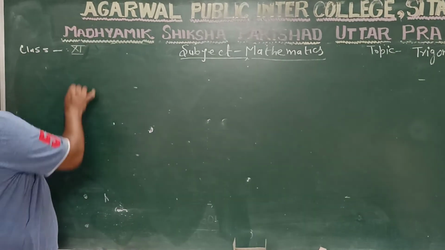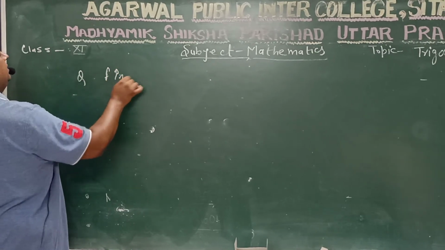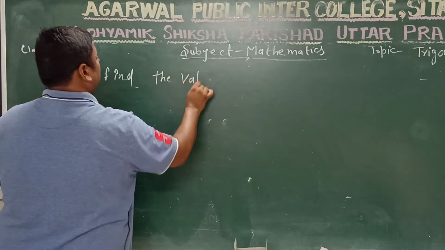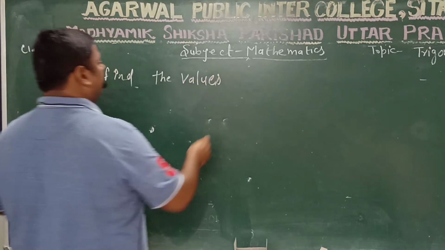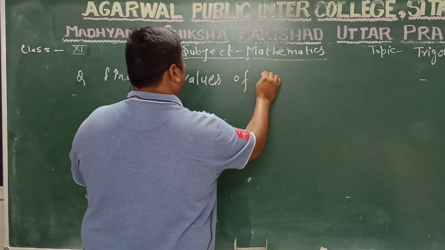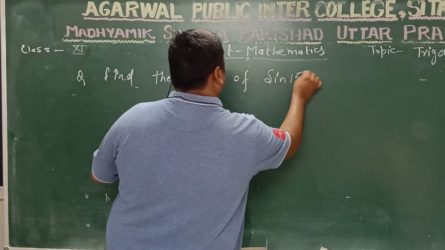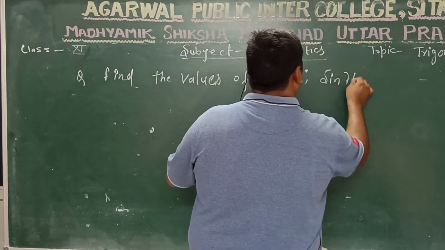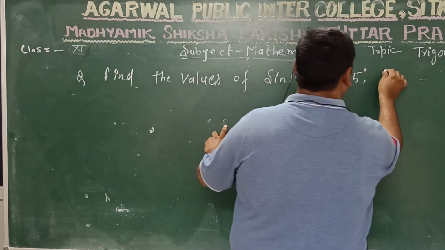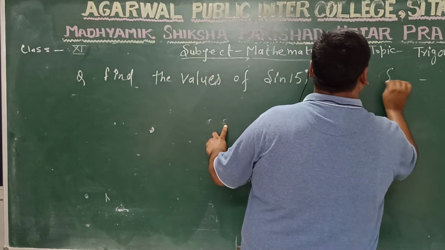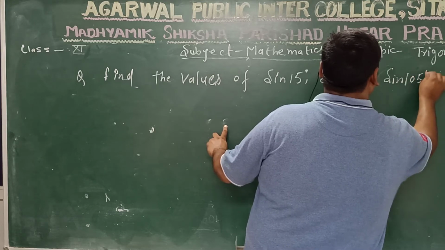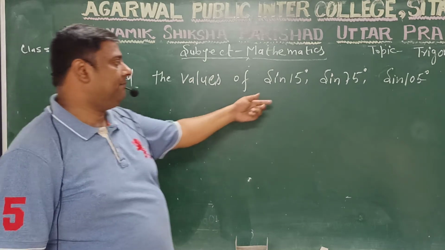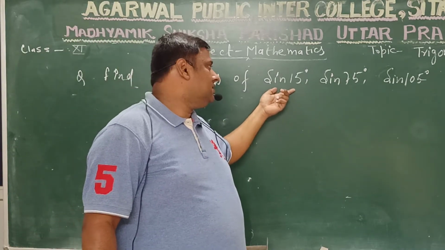Okay, my dear students, find the values of sin 15 degree, sin 75 degree and sin 105 degree. First of all, we solve the question of sin 15 degree.